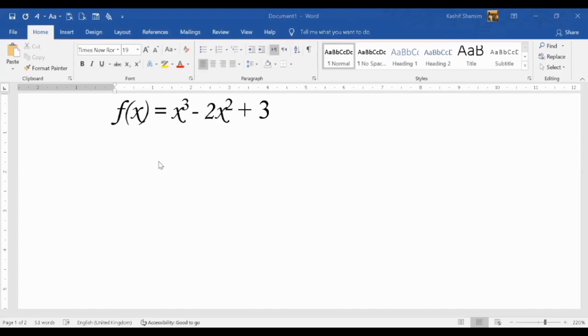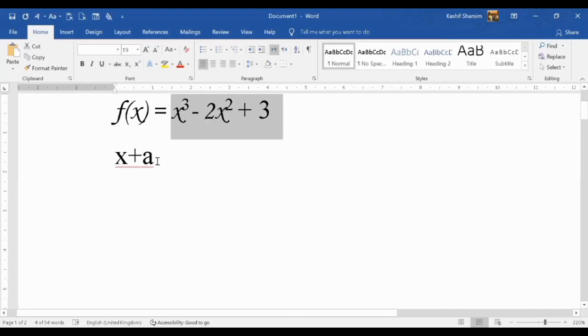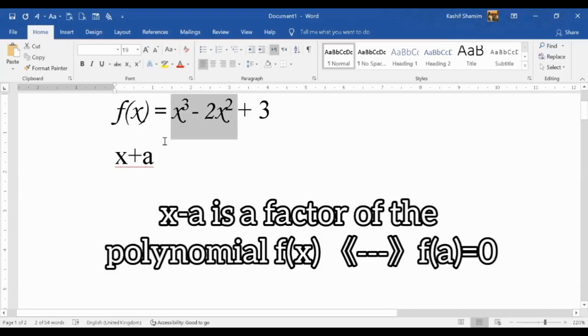If I say that any expression, for example, x plus a completely divides or is a factor of this polynomial, I mean that when I divide it, the answer I will get will be 0. The factor theorem states that when a function of x is divided by a factor a, the answer will be 0.